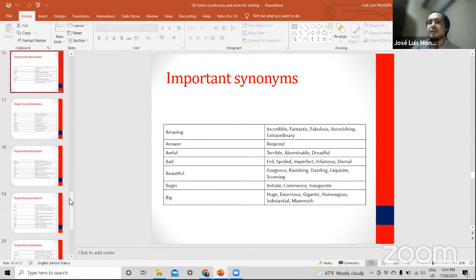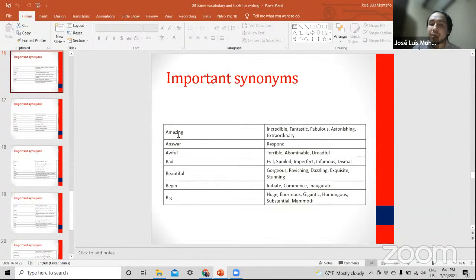The synonyms are in this order for you to take this into account. For example, I'm not going to give you all of them, but let's say amazing, beautiful. These are very common adjectives that we use.